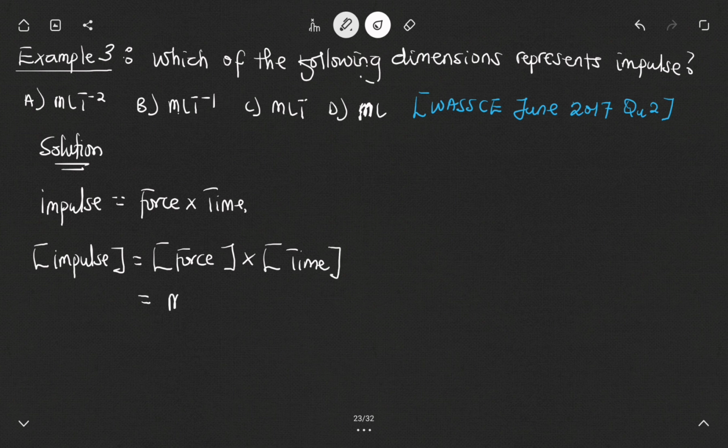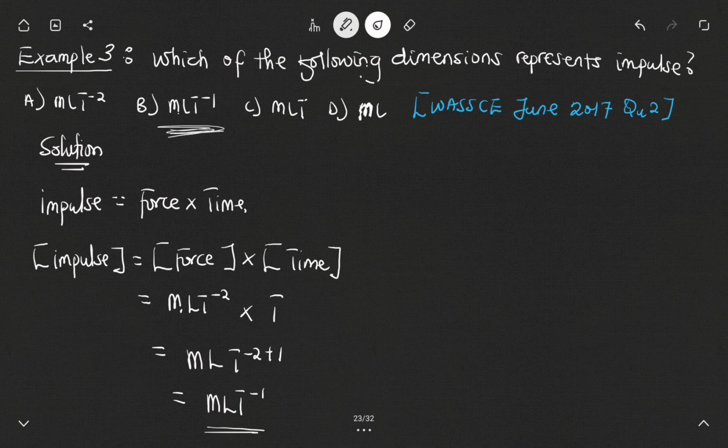Mass is M, acceleration is LT minus 2, and so the dimension for force is MLT minus 2, then multiplied by the dimension of time, which is T. So from here we have MLT to the power minus 2 plus 1, and so our final answer will be MLT minus 1. So this will become our final answer, and so option B over here is the correct answer for this particular example.